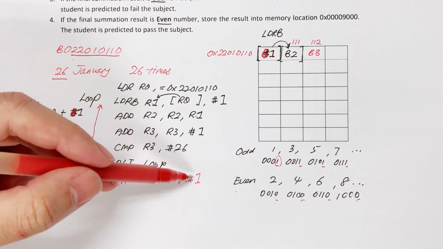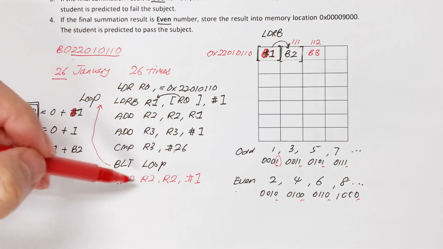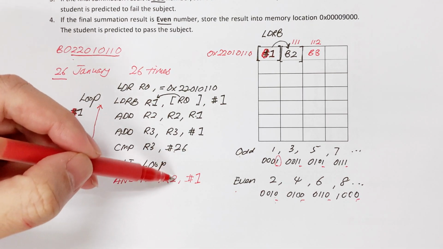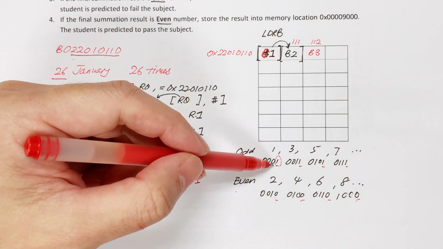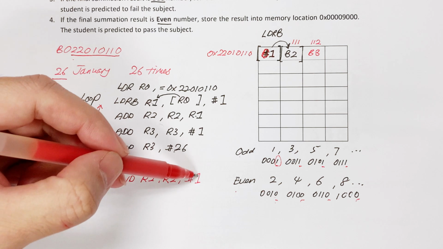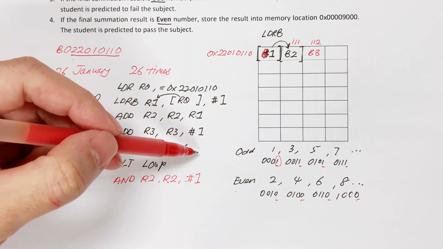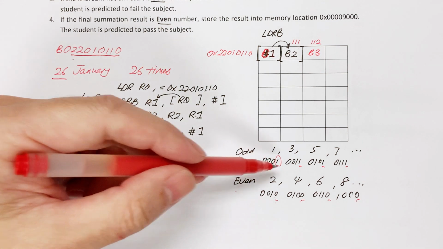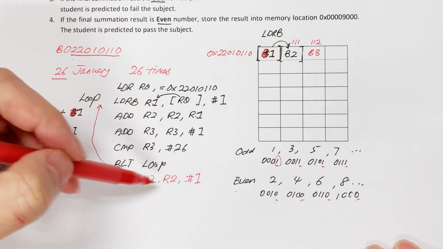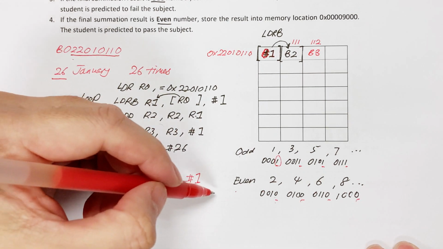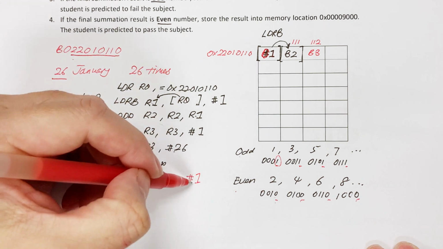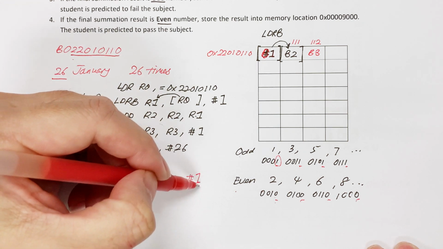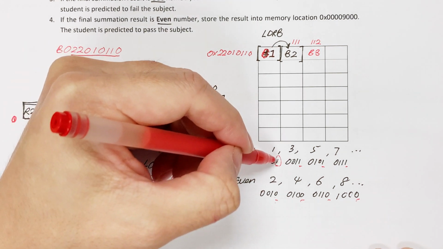If you recall our previous lectures, when we do an AND operation with a certain value, wherever the value is 0, it will put that to 0. And when you have a 1 bit, it will maintain whatever the previous value was. So after this AND operation, bit 1 up to bit 31 will become 0. Only bit 0 will be either 1 or 0, depending on the original value.